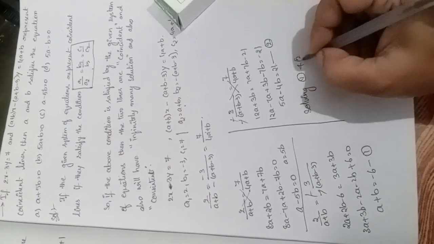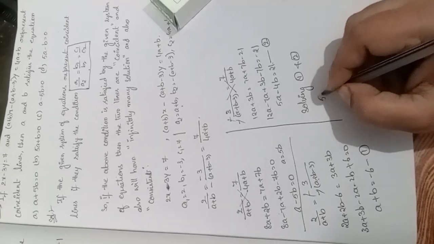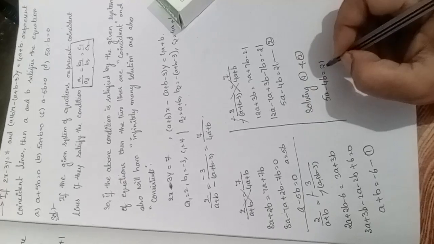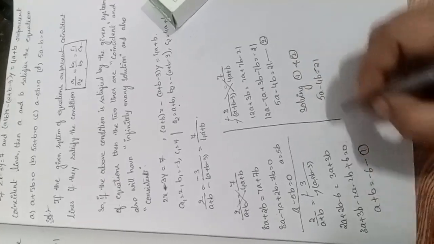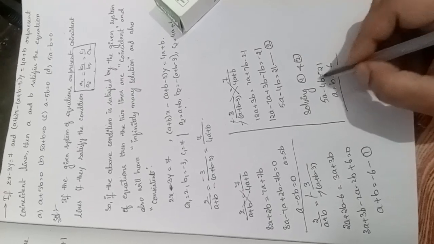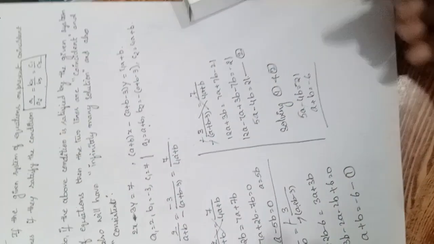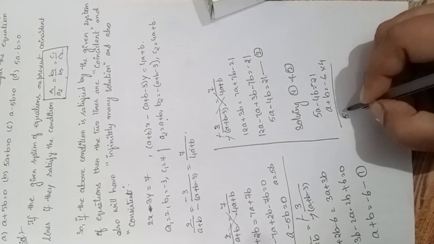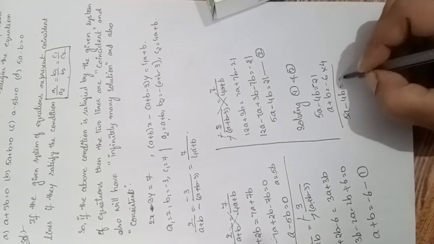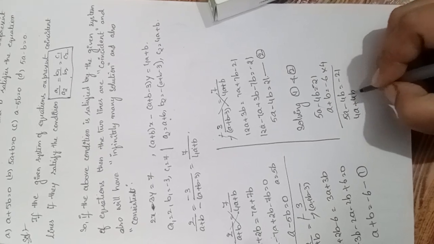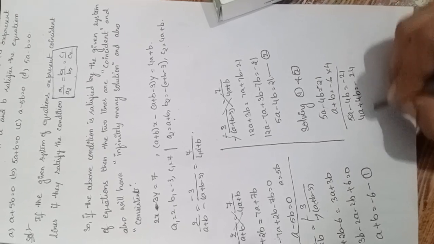Now solving 1 and 2. So 5a minus 4b equals minus 21, and a plus b equals minus 6. If you observe, the b value will be cancelled easily. So I am multiplying the second equation by 4. The first equation comes the same, and the second equation you will get 4a plus 4b equals minus 24.